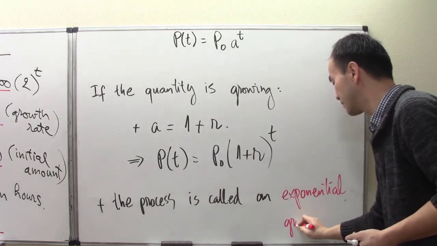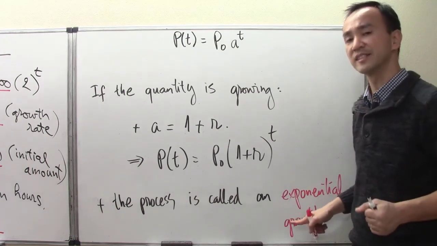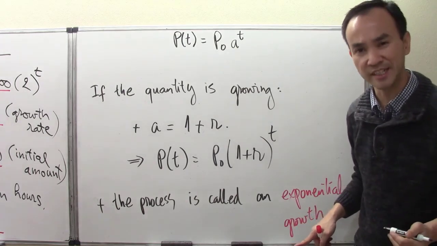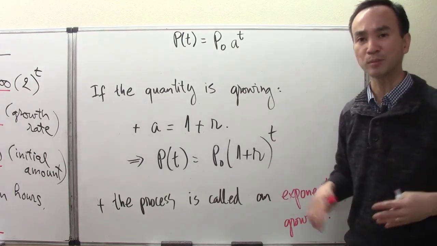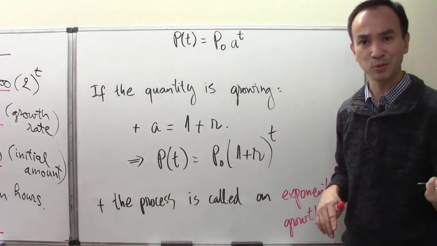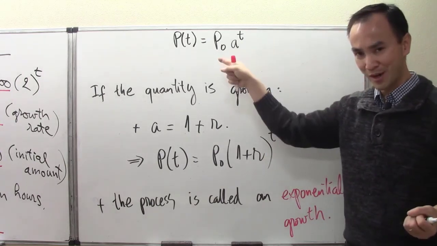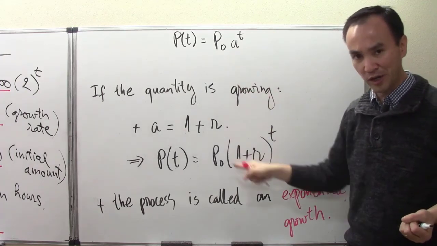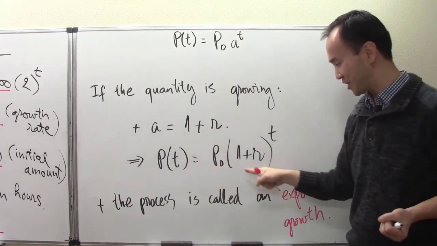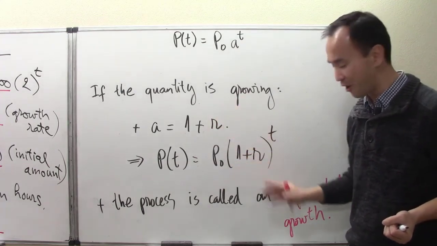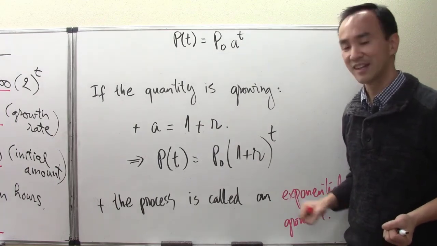This is how a lot of times in your daily life you hear people using the term, this quantity is growing exponentially, or we have an exponential growth. It's a quantity that's growing according to an exponential model, where we can find it based on the rates, and then we call that process an exponential growth.